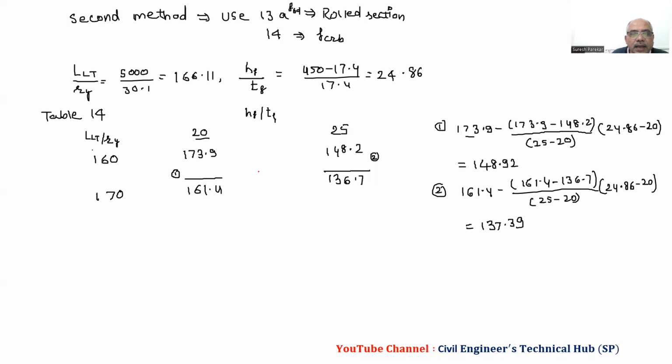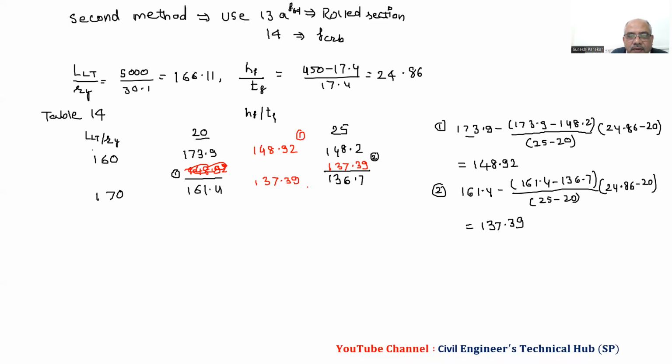So we will have first value 148.92, and we have second value 137.39.